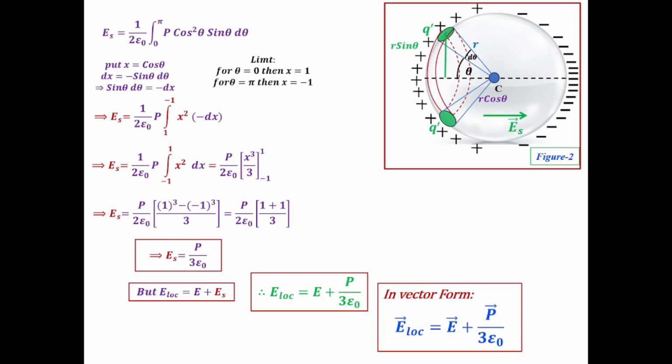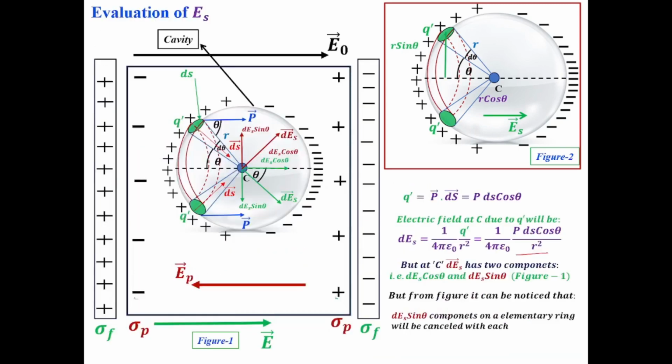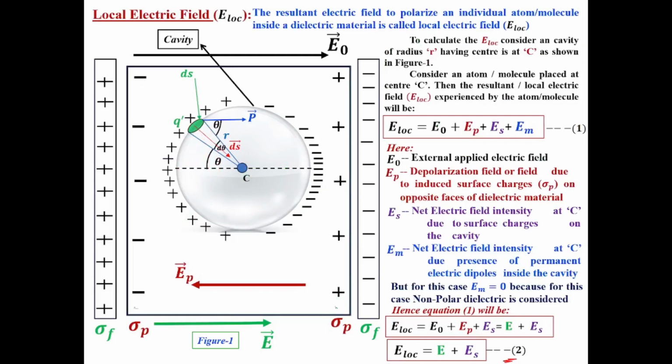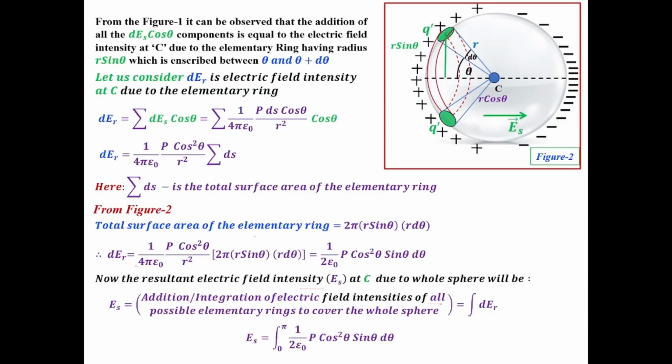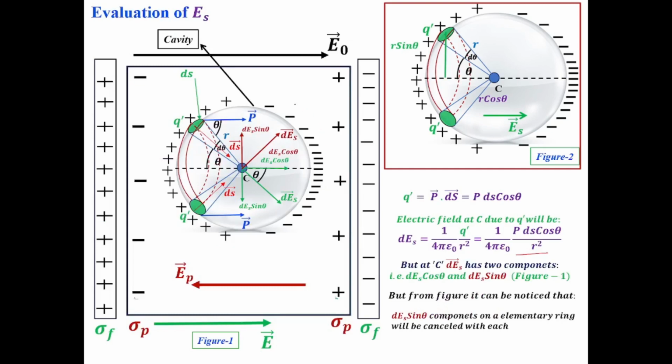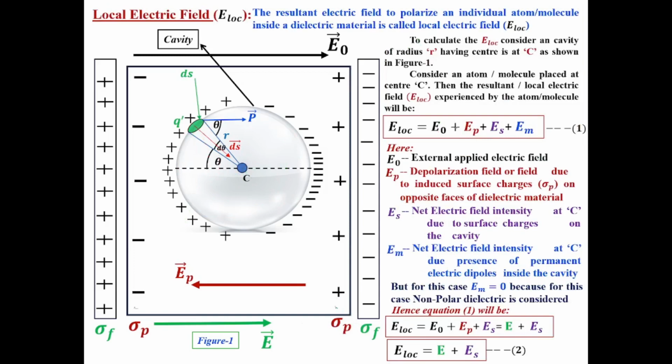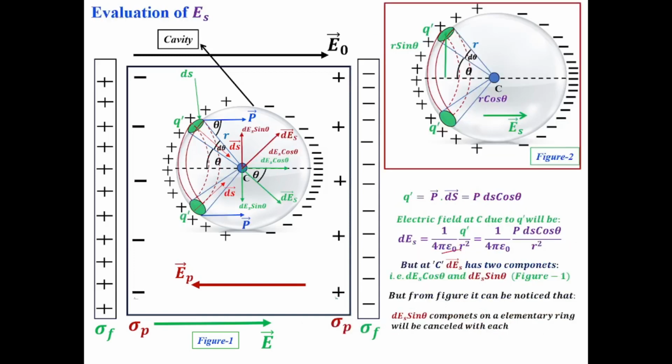So if this question is asked in your exam for 6 marks, you have to start from here. You have to draw this figure. See, there is no need to draw this one. You have to draw this one figure directly. This one is your figure 1 and this one is your figure 2. This figure is required to find the r sin theta value, and all the lines whatever I have written, you have to write.